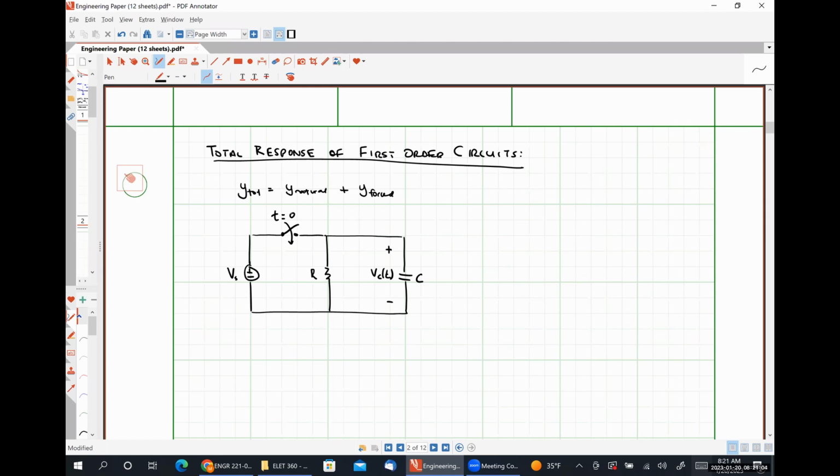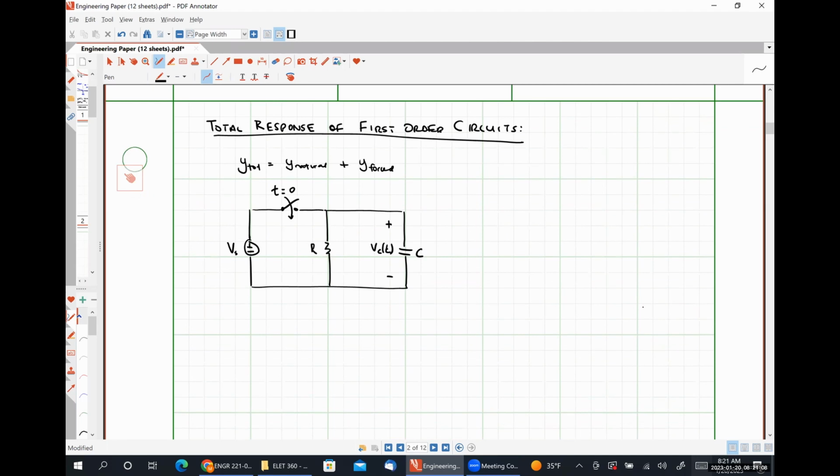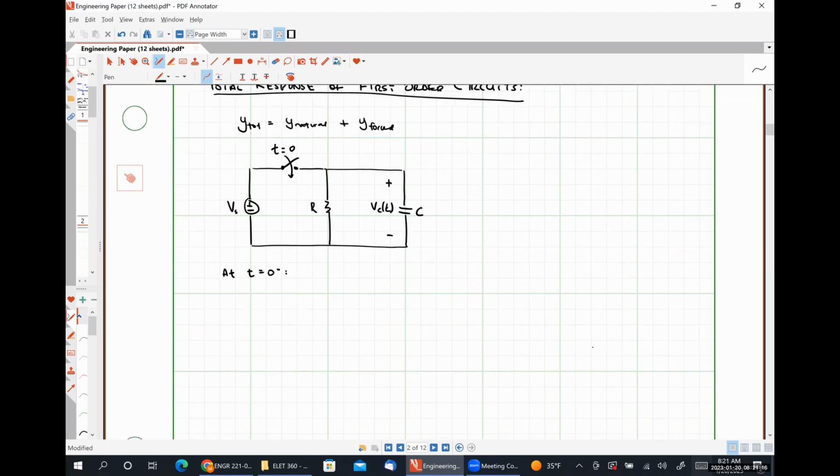Okay. So at t equals 0 minus, our circuit looks like this.